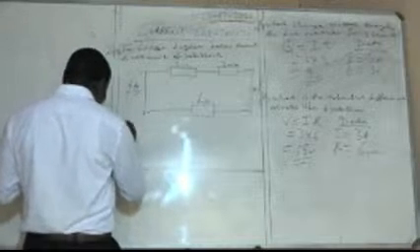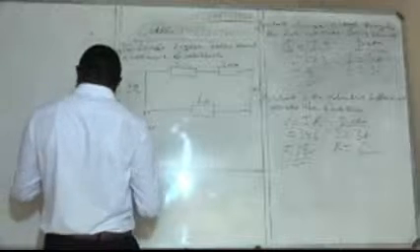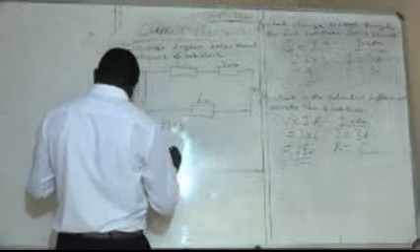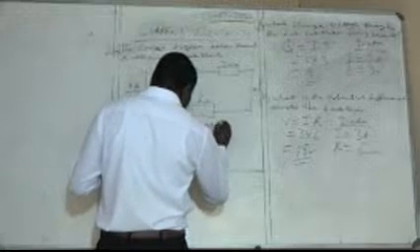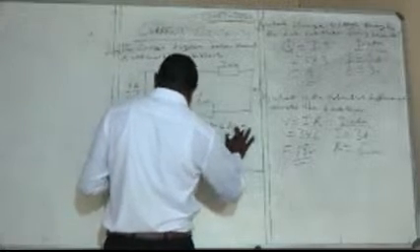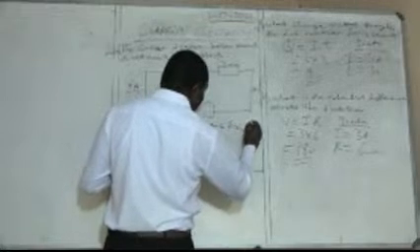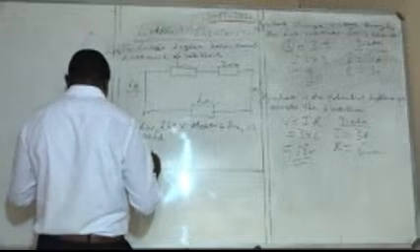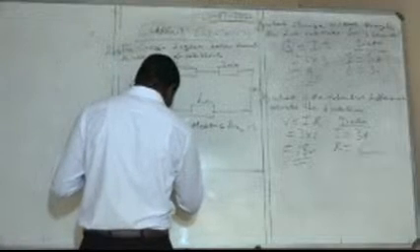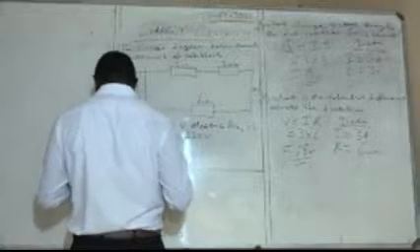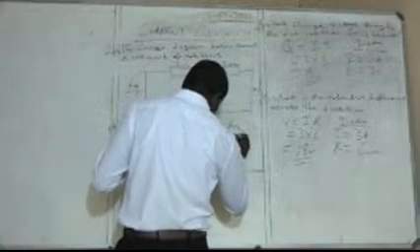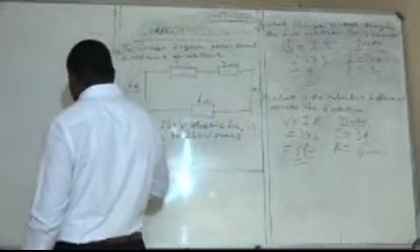saying a 2 kilowatt, 250 volt electric fire is connected to 250 volt mains.